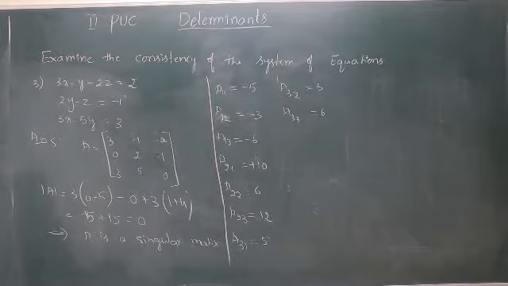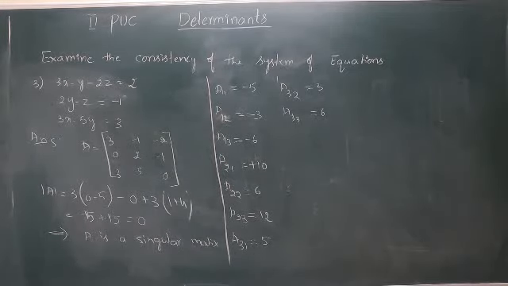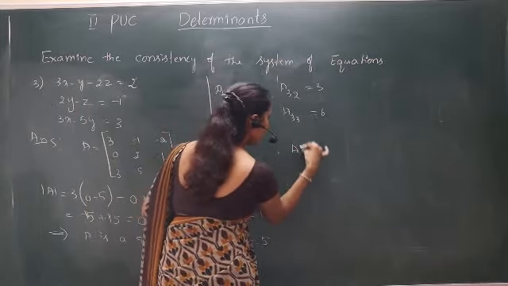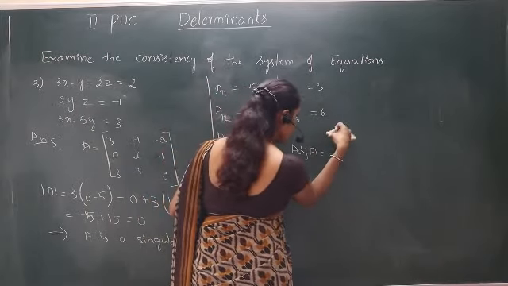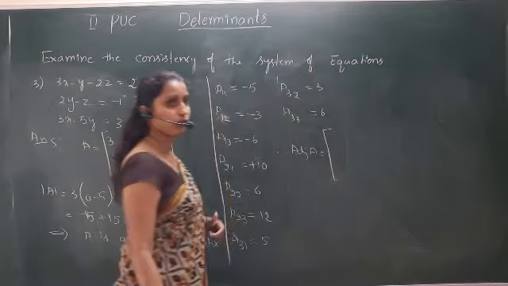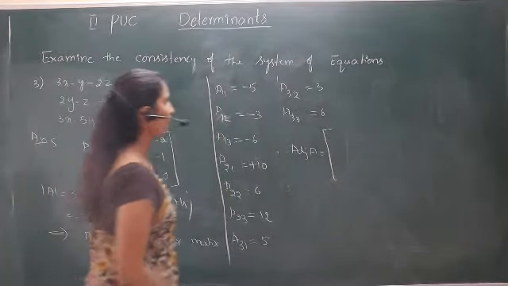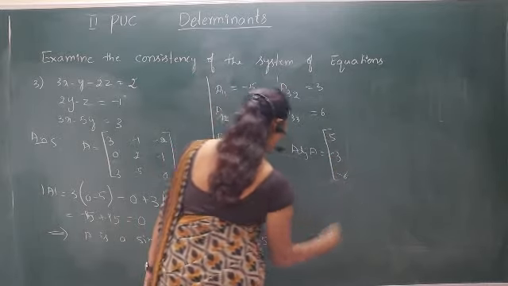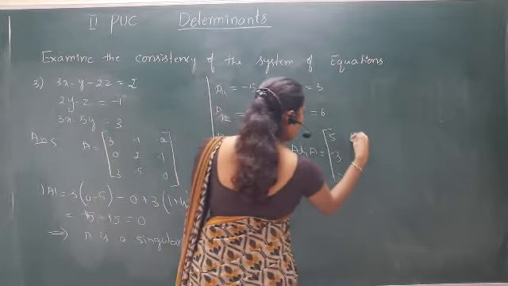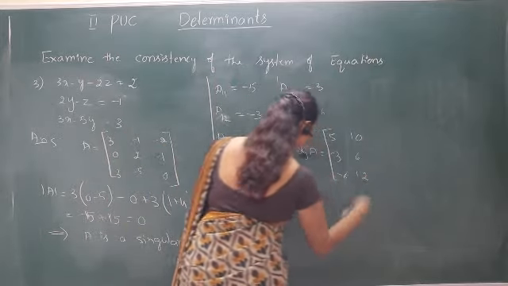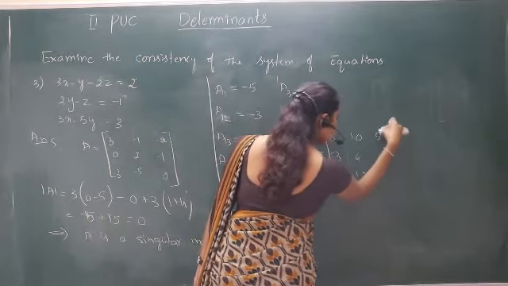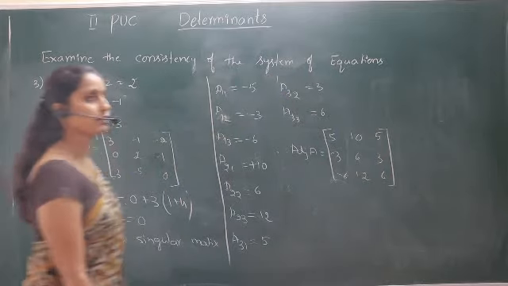The cofactor matrix is 5, minus 3, minus 6, 10, 6, 12, 5, 3, 6. Therefore, the adjoint of A is the transpose of this cofactor matrix: 5, minus 3, minus 6, 10, 6, 12, 5, 3, 6. So this is the adjoint of A.